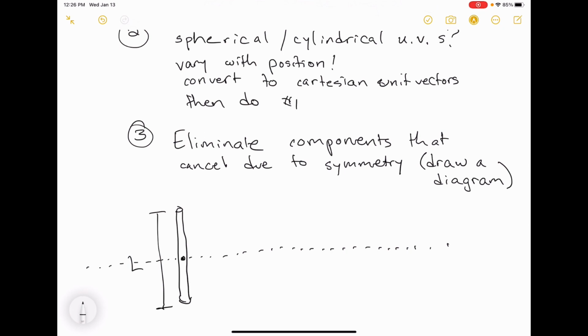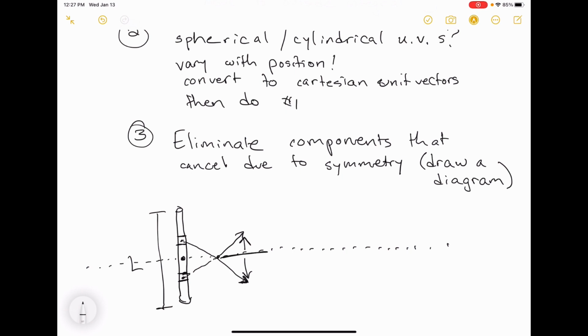You can tell that if you choose a differential length element on this side, it's going to contribute an electric field that points in that direction. And if you choose a differential length element on the opposite side of that center point, it's going to produce an electric field element that points in that direction, which means that the vertical or downward components of those electric fields are going to cancel.